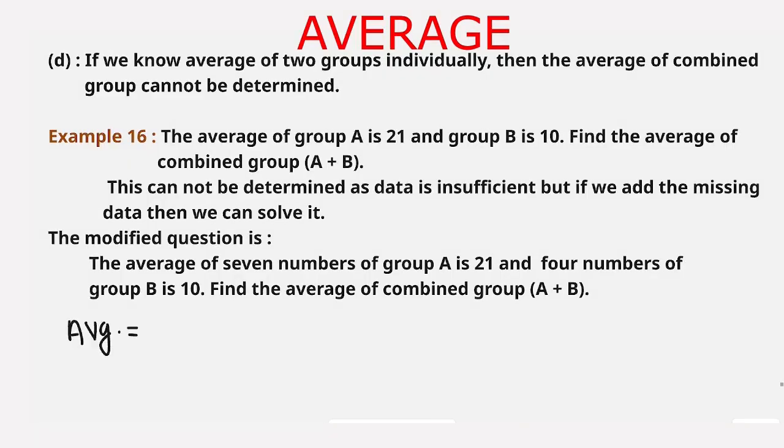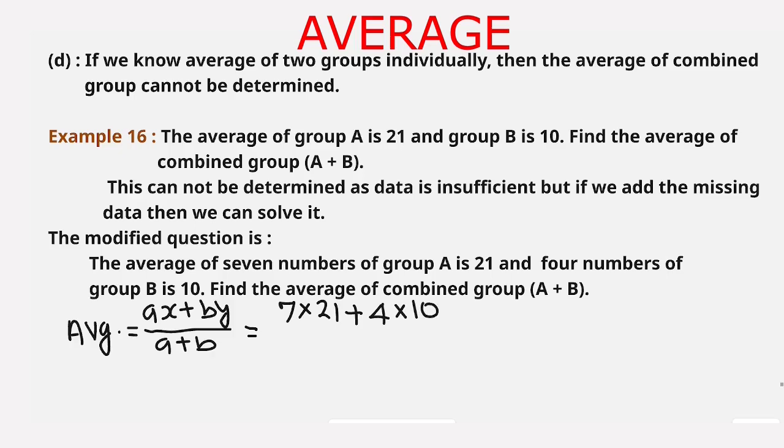The average equals (AX plus BY) divided by (A plus B). Here A is the number of observations, which is 7 for group A, and their average X is 21, plus the number of observations of group B is 4 and their average is 10.